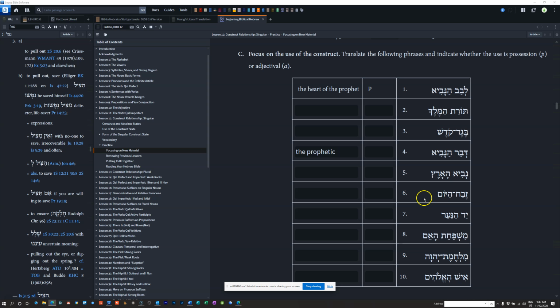All right, number 6, we've got Zevach Hayom. Zevach is another word that looks the same, whether it's absolute or construct. You'll notice that a lot with the segulate nouns. They're not going to change. But thankfully, we have the makef here, letting us know that there's a close relationship between these two. Again, we have to check our absolute to find out if our construct is definite. We do have the definite article, so this is the sacrifice of the day.